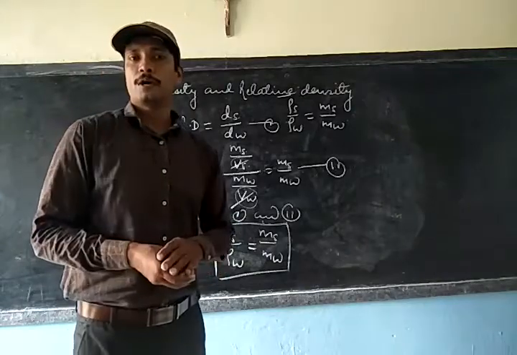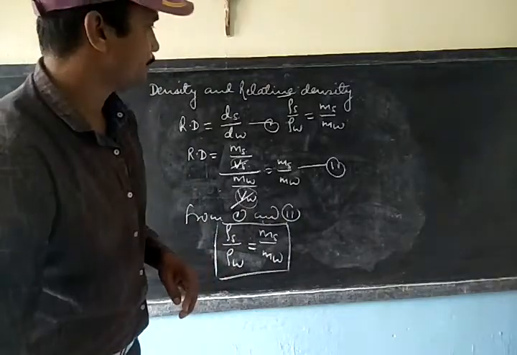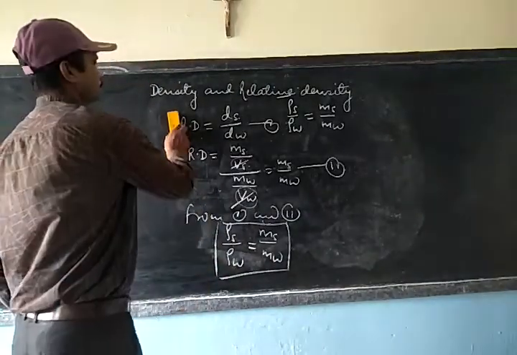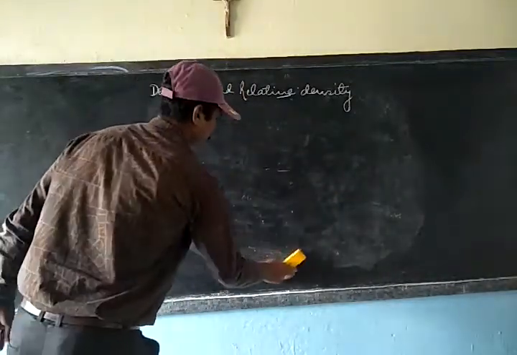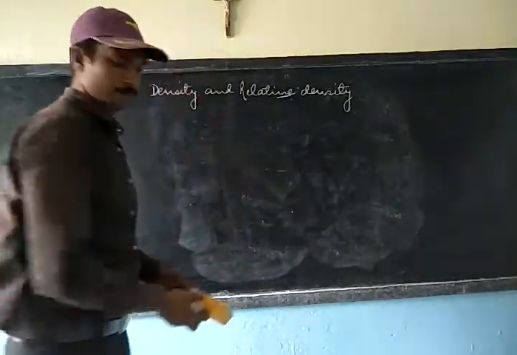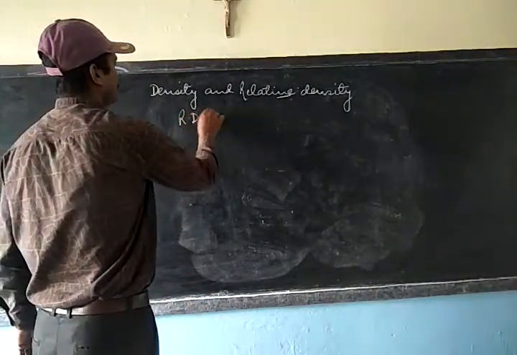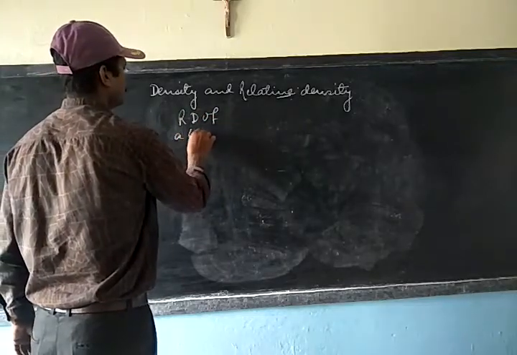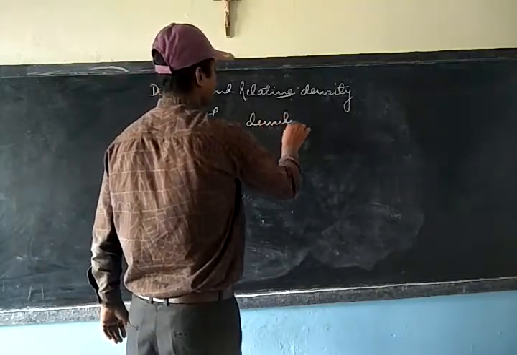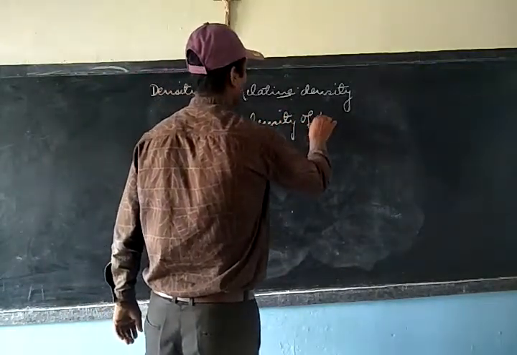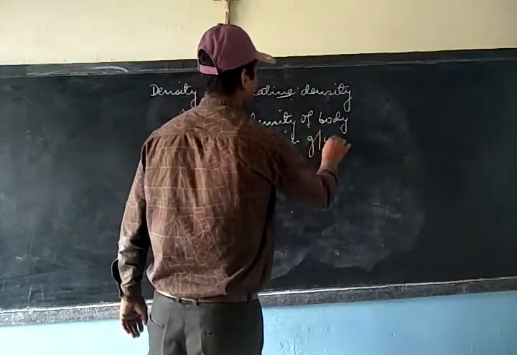Now, one important thing about the relation between relative density and density. Relative density of a body is always equal to density of the body in gram per centimeter cube.